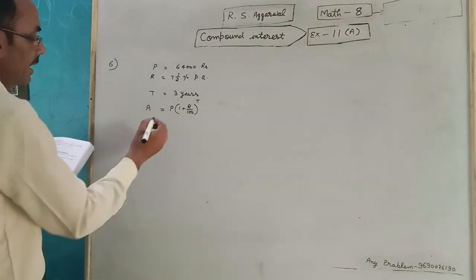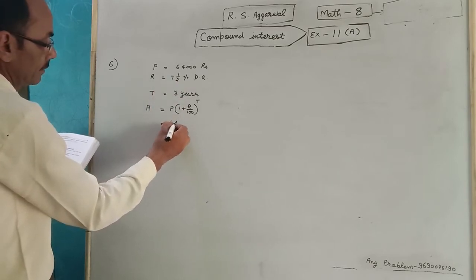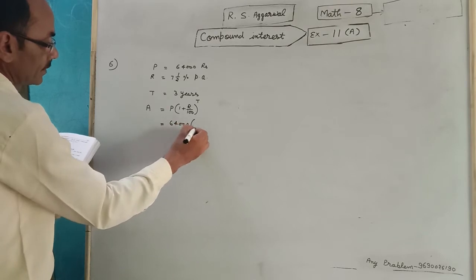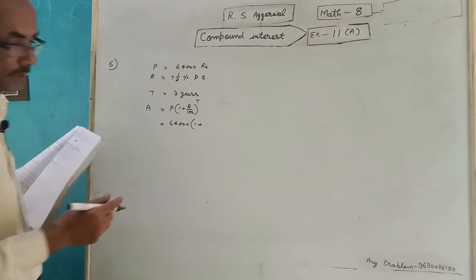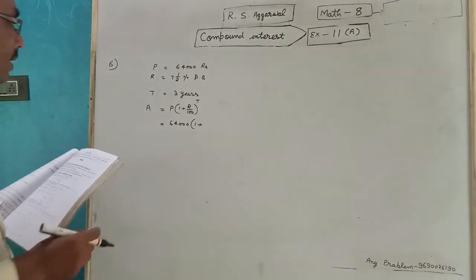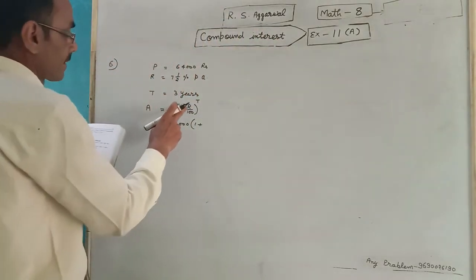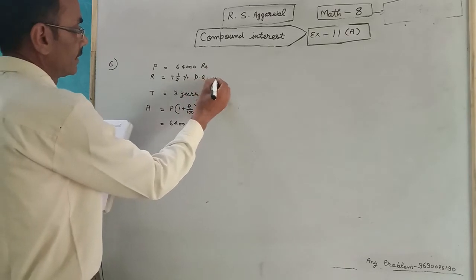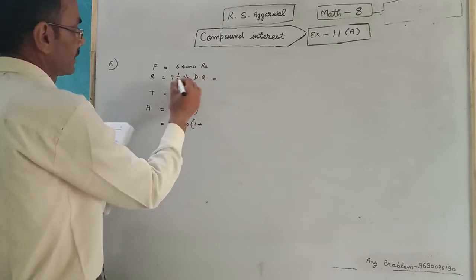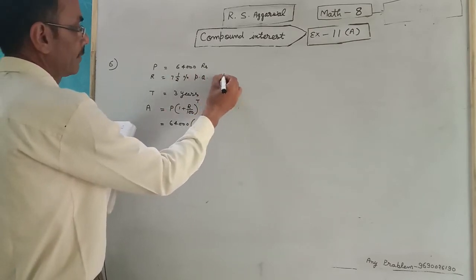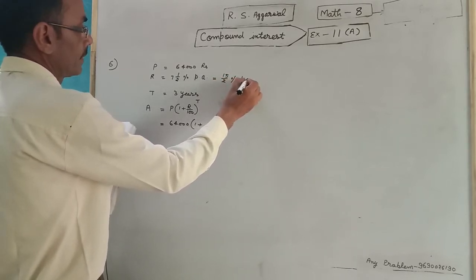We find the amount. P value is 64,000, 1 plus. R value is a mixed fraction, change into improper fraction: 7 1/2 becomes 15/2% per annum.